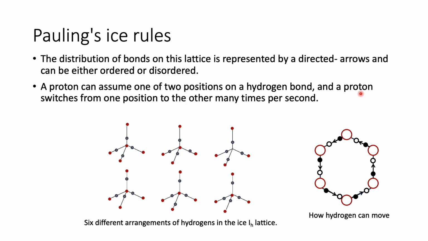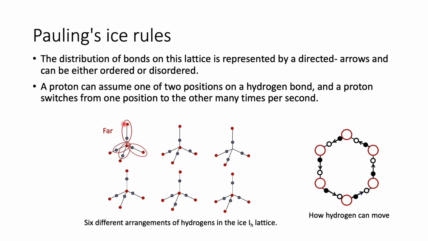Proton and hydrogen are used here as synonyms in a simple way. There are 6 different arrangements where we can place the hydrogen atoms in the ice 1H crystal structure. So how they are moved is shown here. They move in a clockwise direction as shown in this particular case. They may also move in different directions.